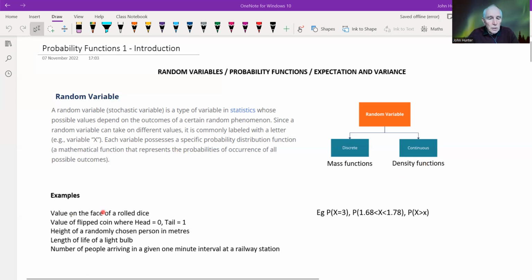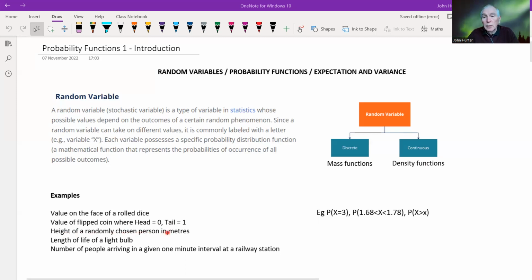What could it be? The examples: the value on the face of a rolled dice. Roll a dice, it can be 1, 2, 3, 4, 5, or 6. What is the probability of getting a 3? What's the probability of getting an even number? The value of a flipped coin. Obviously it's heads or tails, but normally we would assign a numeric value to these different possibilities, for instance 0, 1. The height of a randomly chosen person in meters.